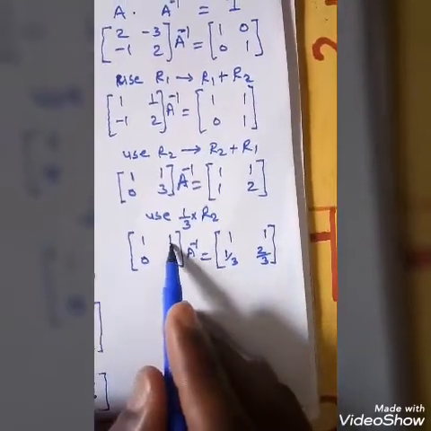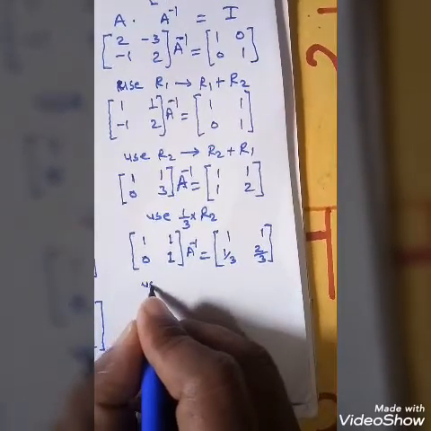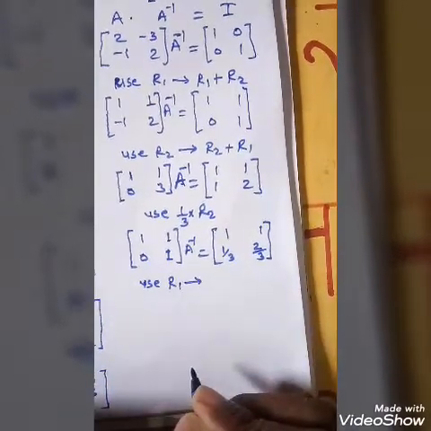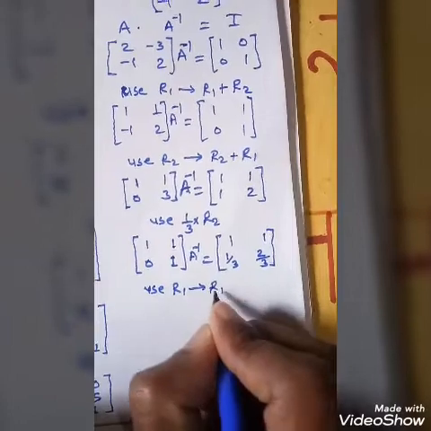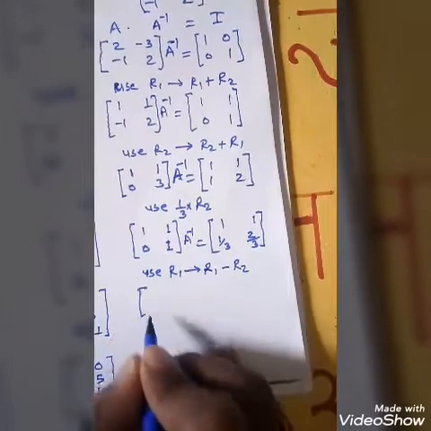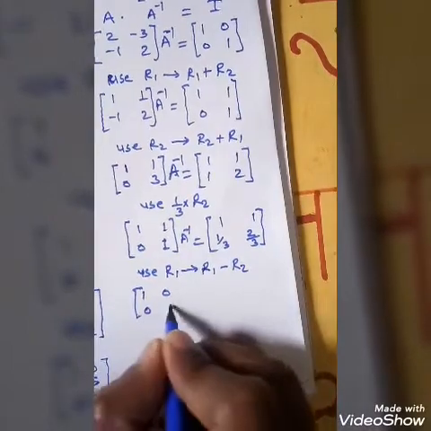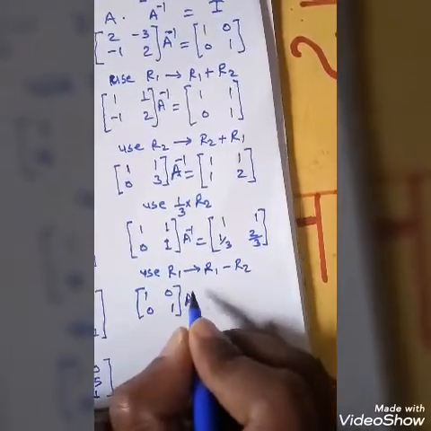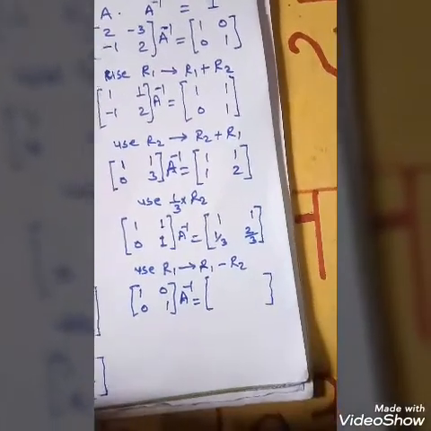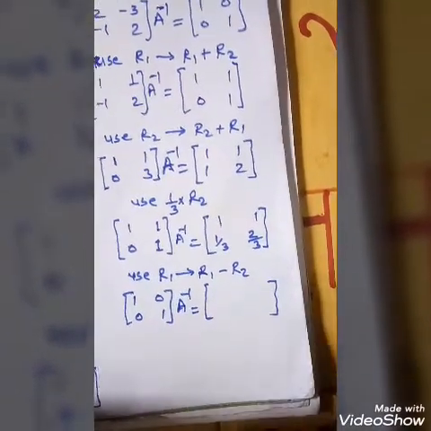Now convert this element A 1 2 into 0, meaning the operation is on the first row. How to apply this operation? R1 minus R2: 1 minus 0 is 1, 1 minus 1 is 0. In this way our matrix A is converted into identity matrix. The same transformation is applied on the right hand side.